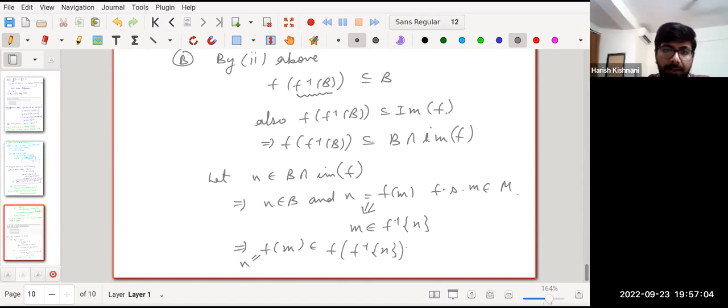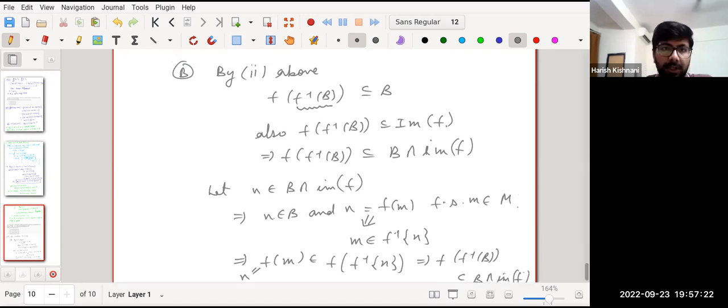That means your m is of the form f times f inverse of something. So this will imply that b intersection image of f is inside f of f inverse of b.